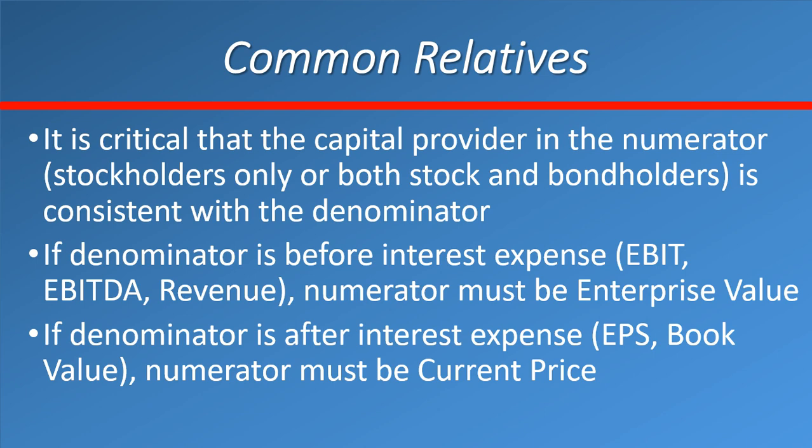If the denominator is after interest expense, such as earnings per share and book value, then the numerator must be the current price, because earnings per share and book value, since they're after interest expense, belong only to the stockholders. So you want your numerator to only be the stockholder value, which is the price.